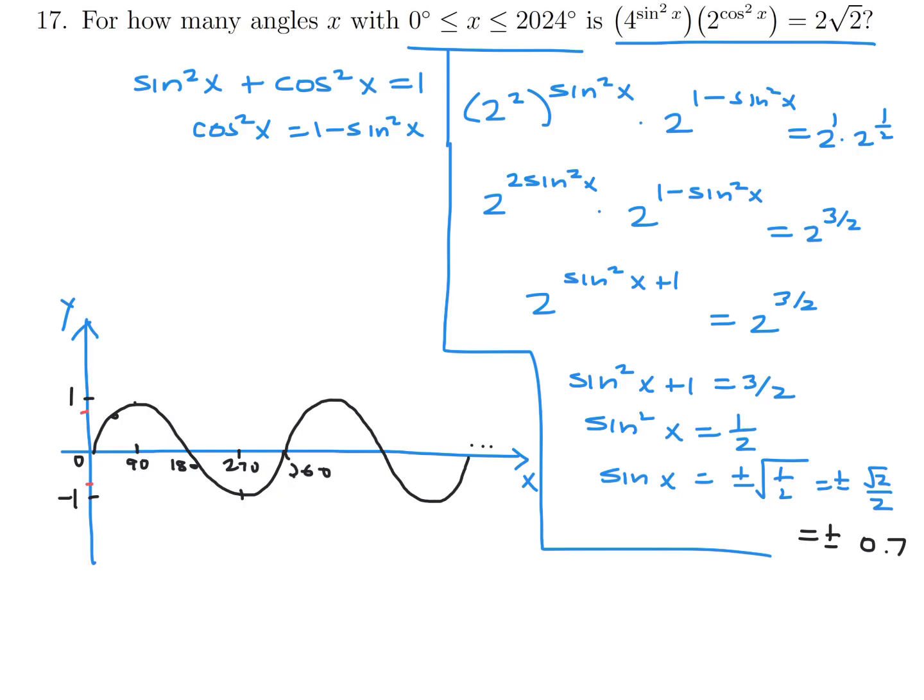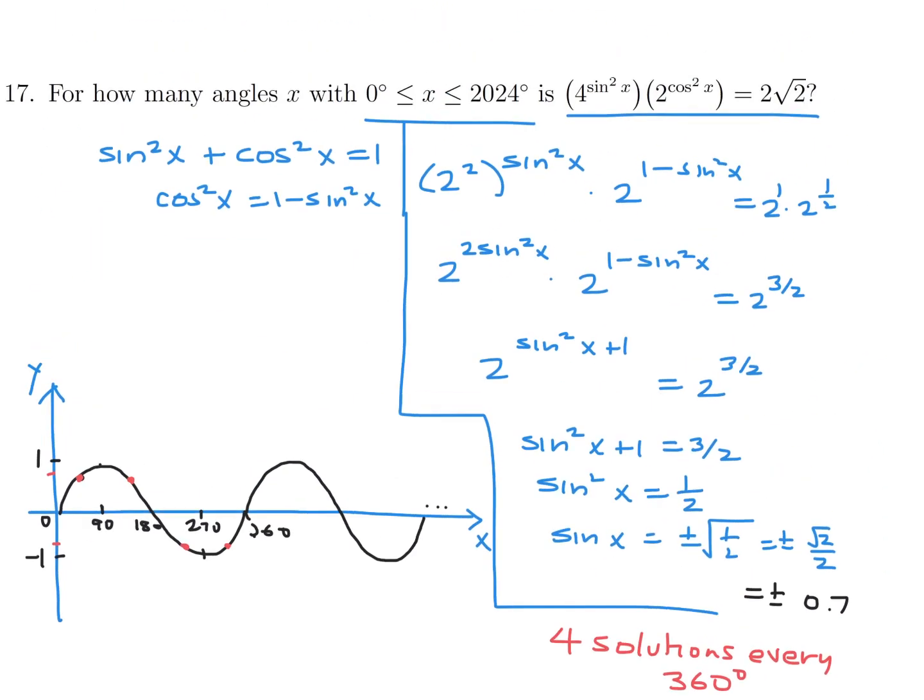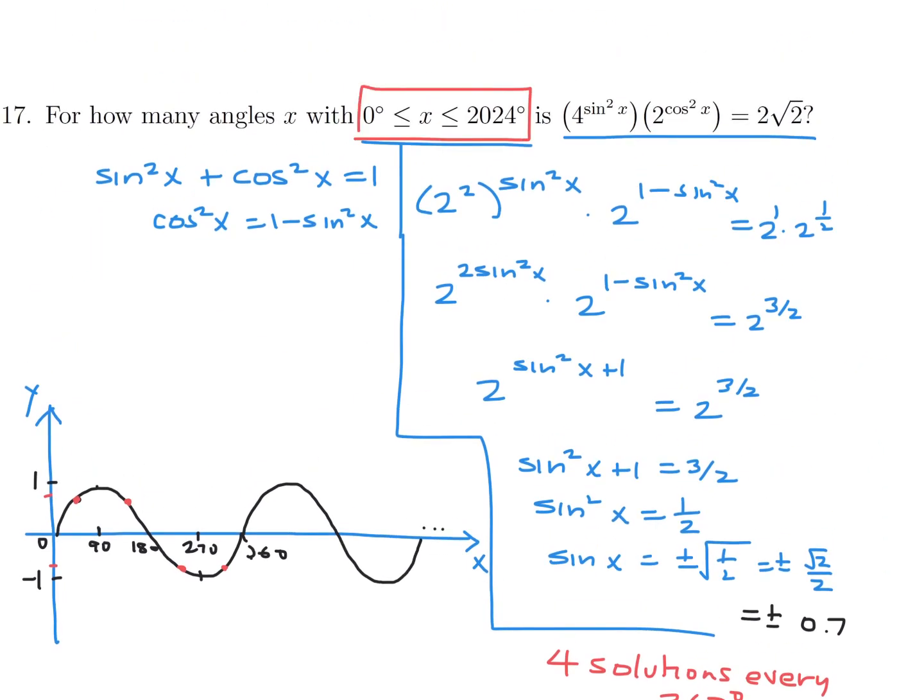And negative 0.7 is approximately here. So it's here, here, here, and here. You got it? So for every cycle, it's going to be 4 times, 4 solutions. So 4 solutions every 360 degrees. Okay. And what are we going up to? We're going up to 2024.